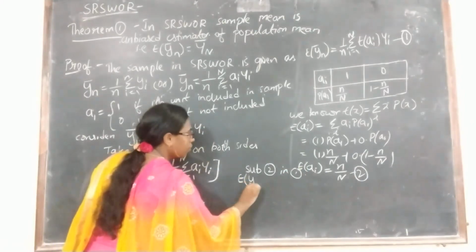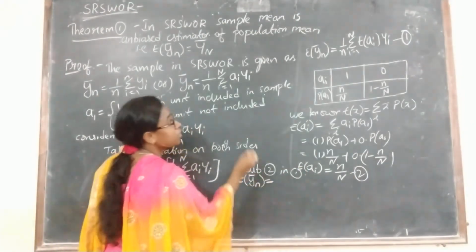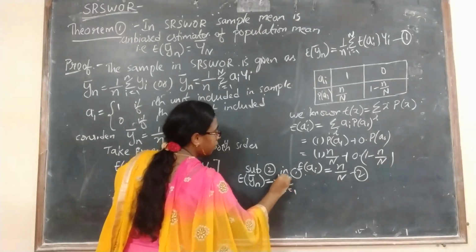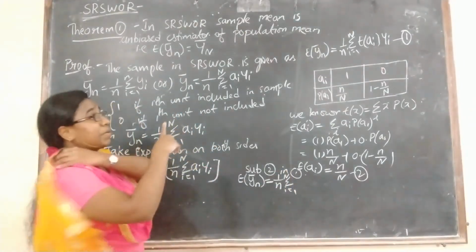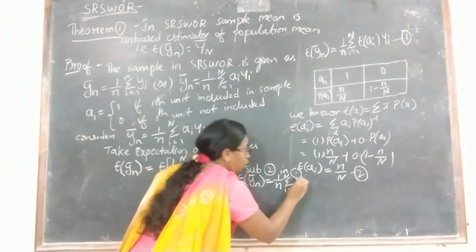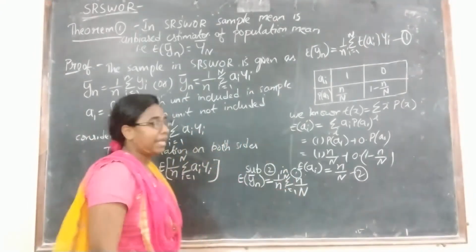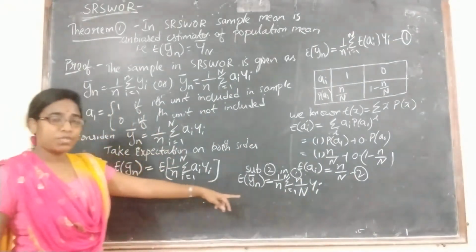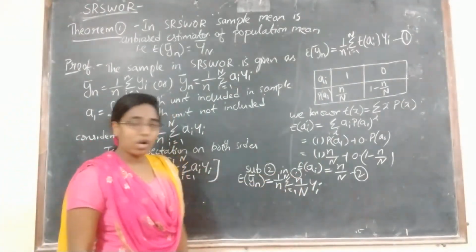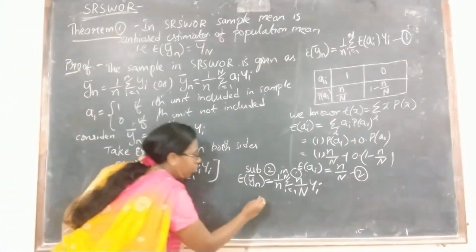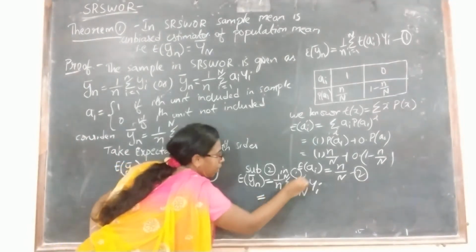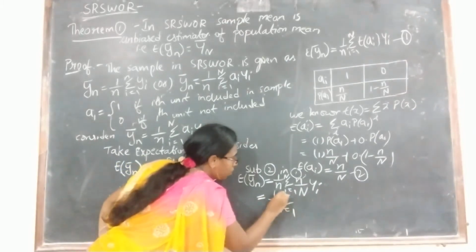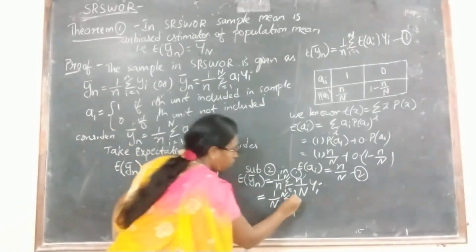If you substitute 2 in 1, what will you get? Expectation of y n bar equals 1 by n summation I equals 1 to capital N, as it is, the expectation of AI value, small n by capital N, into capital Yi. Now if you observe here, small n and small n get cancelled. The left out value will be only 1 by capital N summation I equals 1 to capital N Yi.